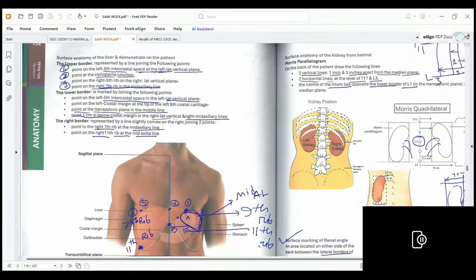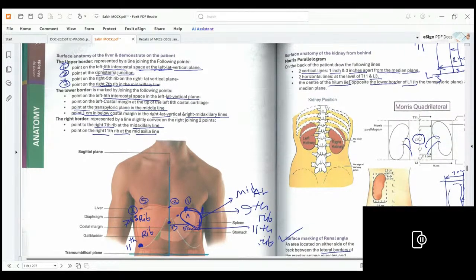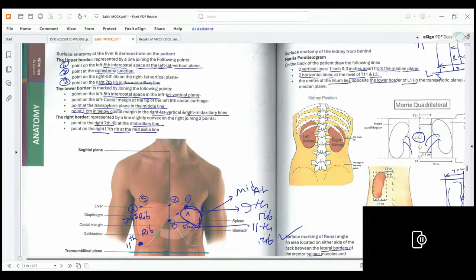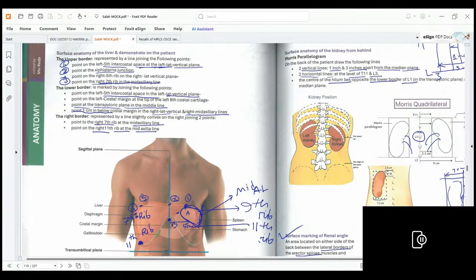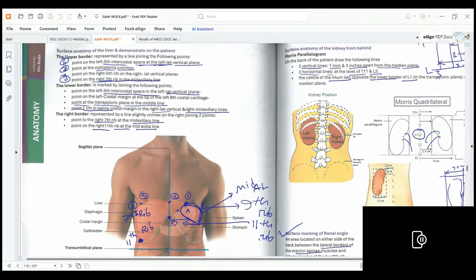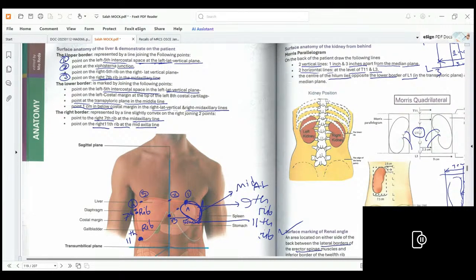Again, first point on the left fifth intercostal space at the left lateral vertical plane. Second point at the junction of the xiphisternum.